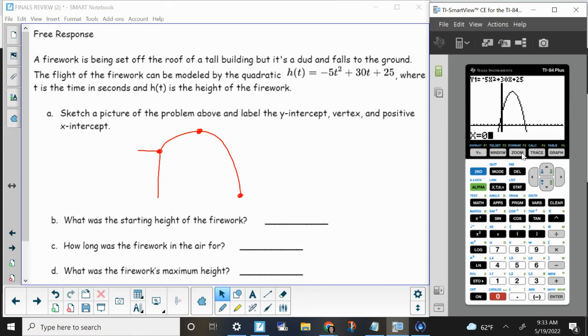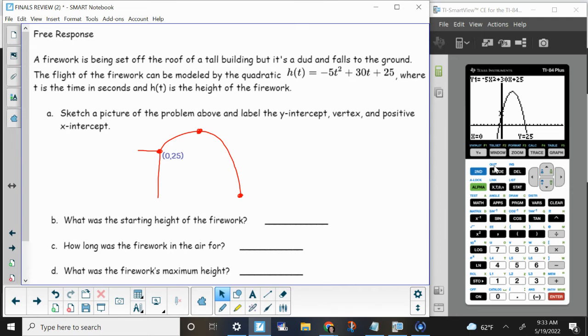So we hit trace and then 0, and hit enter, and bam, my cursor is now on 0, 25, and that tells me my y-intercept, and I'm going to label that on my sketch, that is the starting height. That is how far off the ground this firework is being set off on top of the building. All right, so I have that.